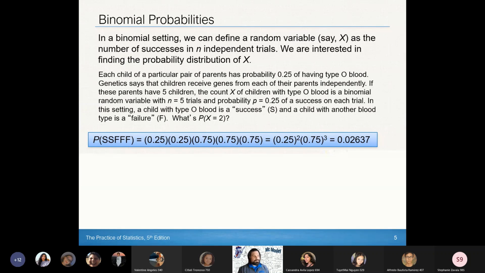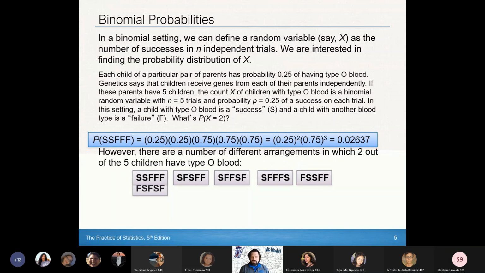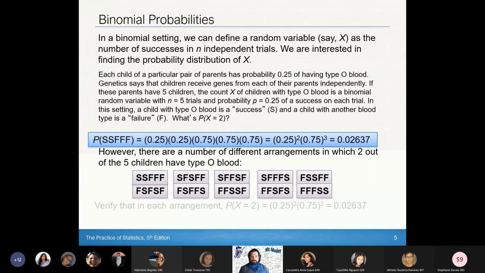However, there are a number of different arrangements in which 2 out of the 5 children have type O blood. That's not the only way for this to be satisfied. We have 10 possible combinations. The first one we already calculated.